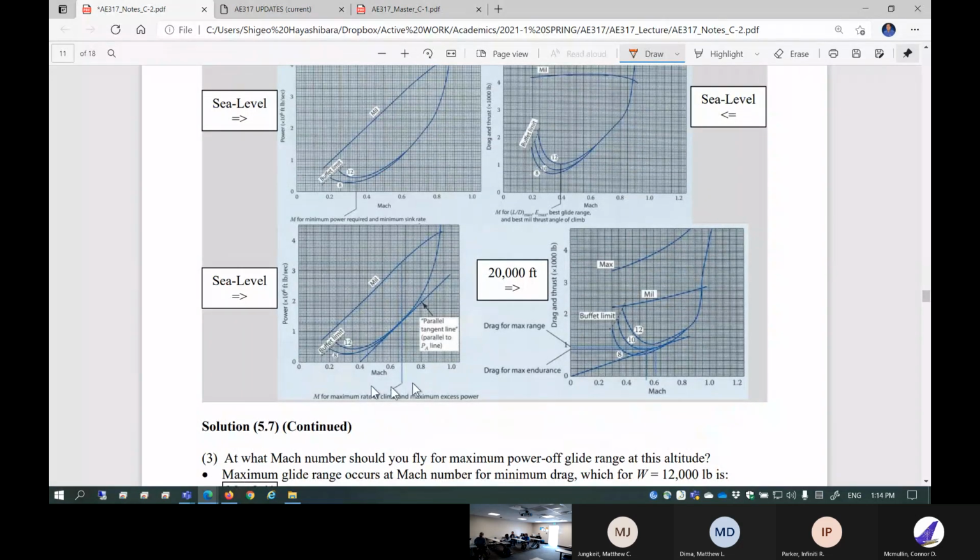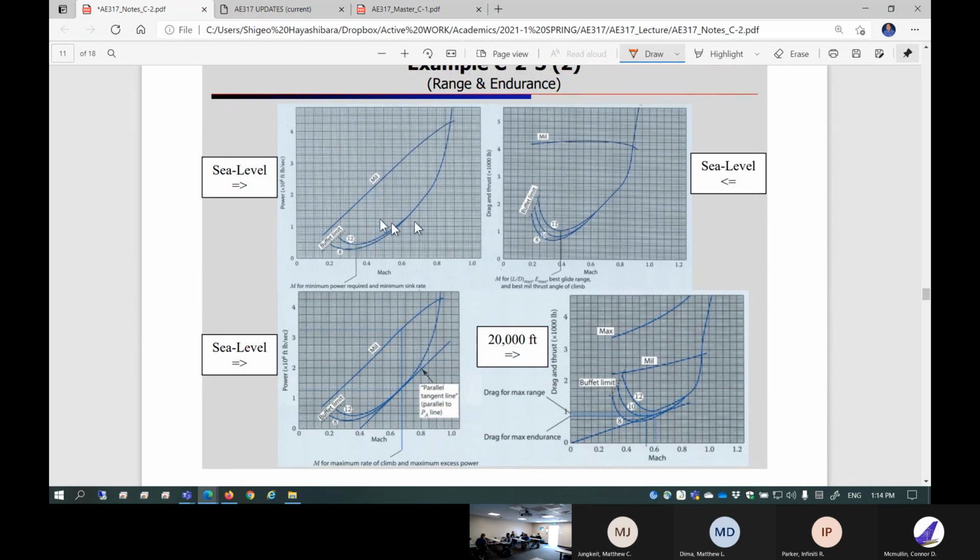Okay, so this is a power plot. Over this power plot, you're going to come up with a minimum power required.